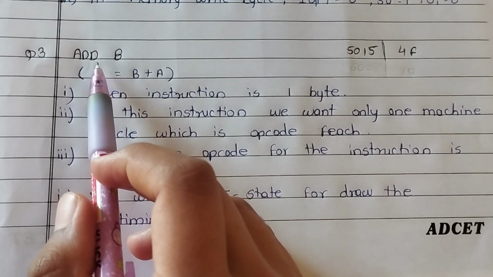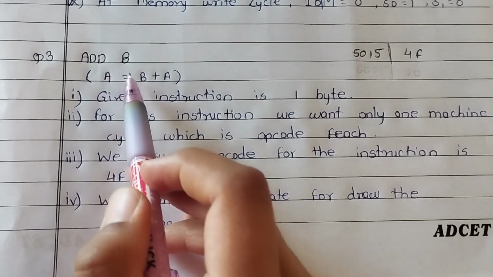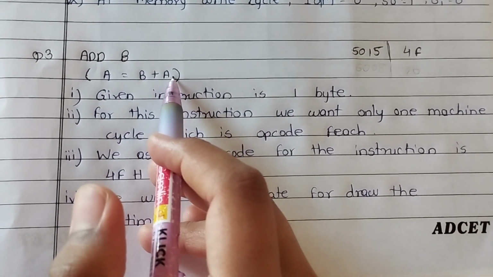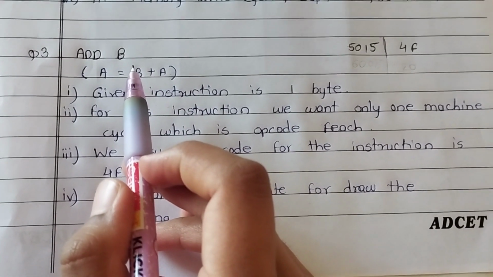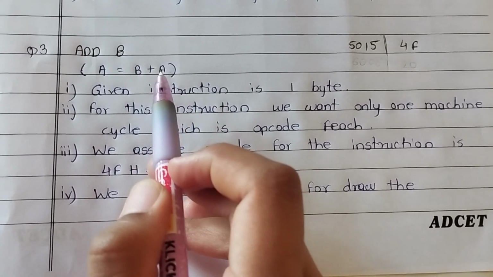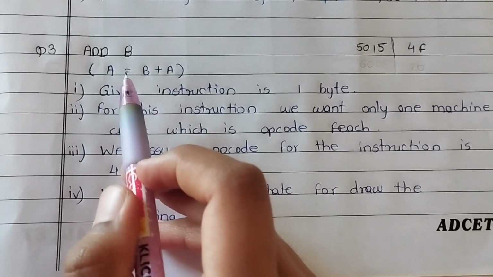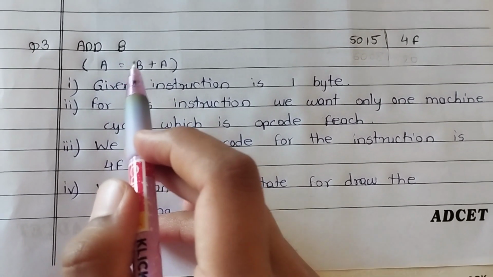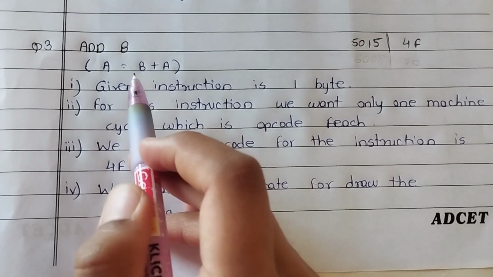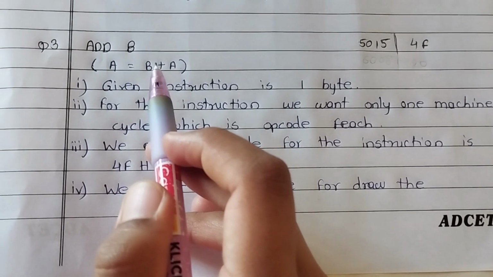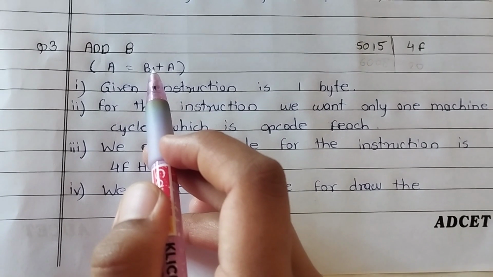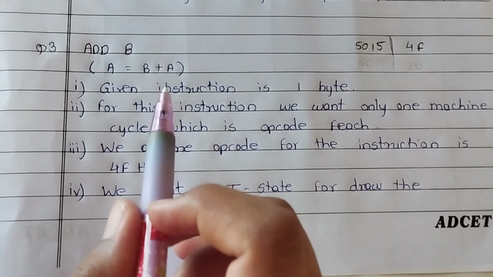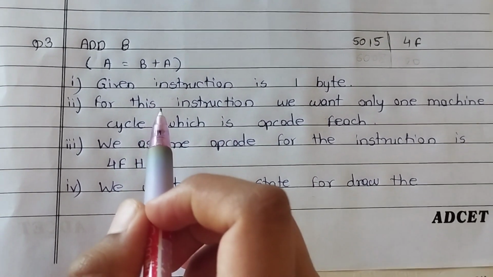The instruction is ADD B, means A is equal to B plus A. Means the data of B is added into the accumulator and stored again into the accumulator. So we do not communicate with the memory; we do not read or write into the memory. For that purpose we only need one instruction, which is the opcode.